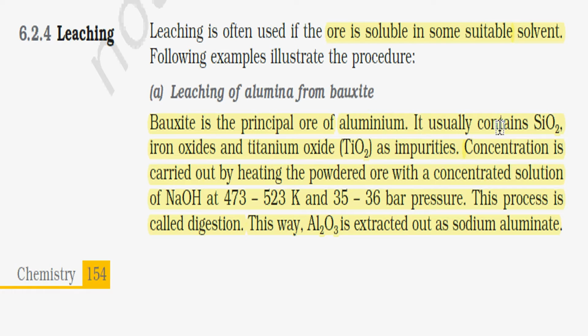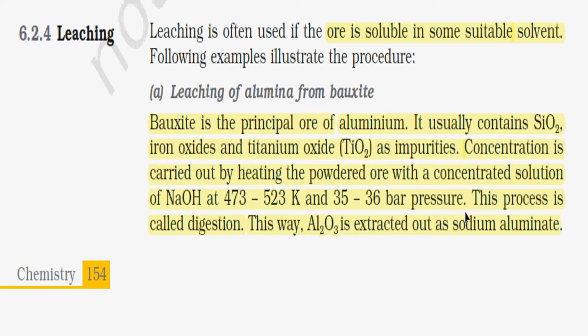It usually contains SiO2, iron oxide and titanium oxide, that is TiO2, as impurities. Concentration is carried out by heating the powdered ore with a concentrated solution of NaOH at 473 to 523 Kelvin and 35 to 36 bar pressure.